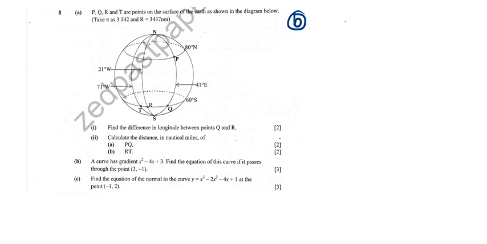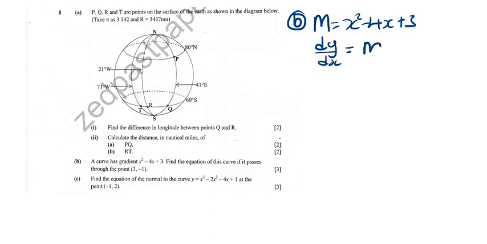So they have said that a curve has a gradient. So you can even just say gradient. You know that a gradient is represented by m. So you say a gradient which is equal to x squared minus 4x plus 3. Now I want you to remember this. This gradient is the dy over dx, which is equal to the gradient.